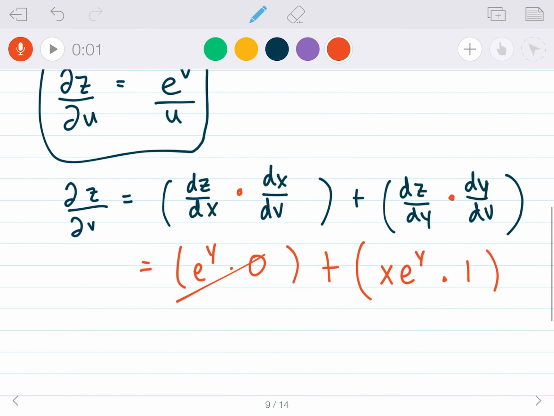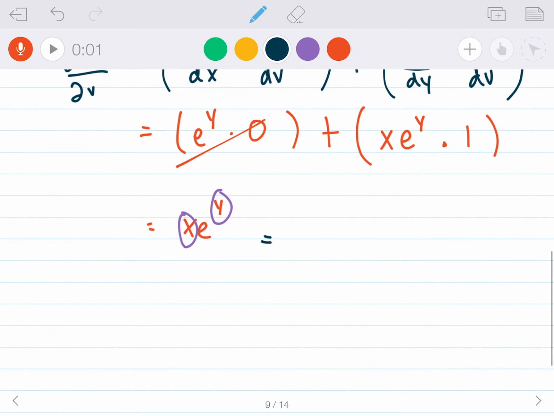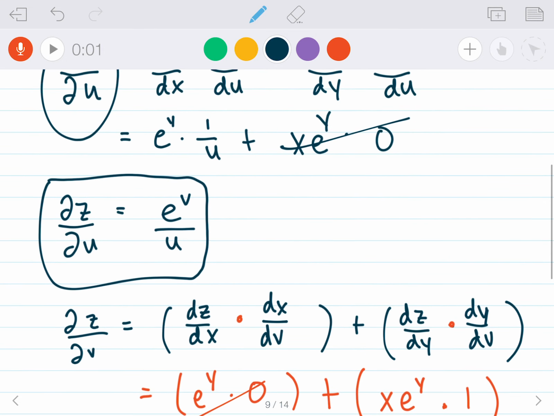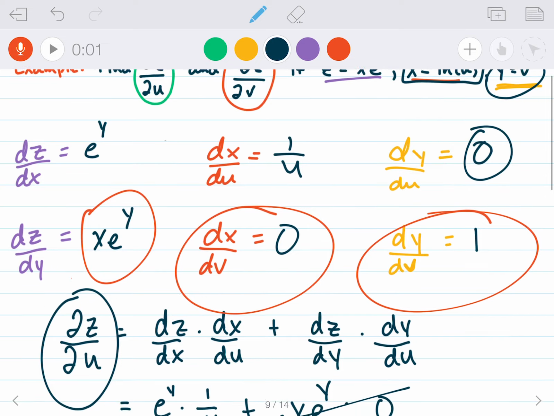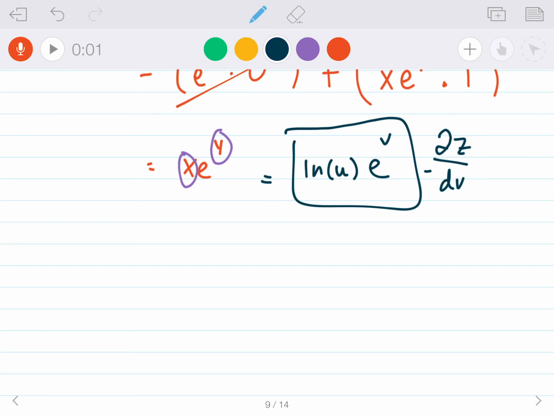So that just goes to 0, and we're just left with x e to the y, and now I can plug in my x and y so that I'm just in terms of u's and v's. So my x was ln u, so we have ln of u times e to the y was defined to be v. So that is my answer, and again, that was the partial derivative of z with respect to v.